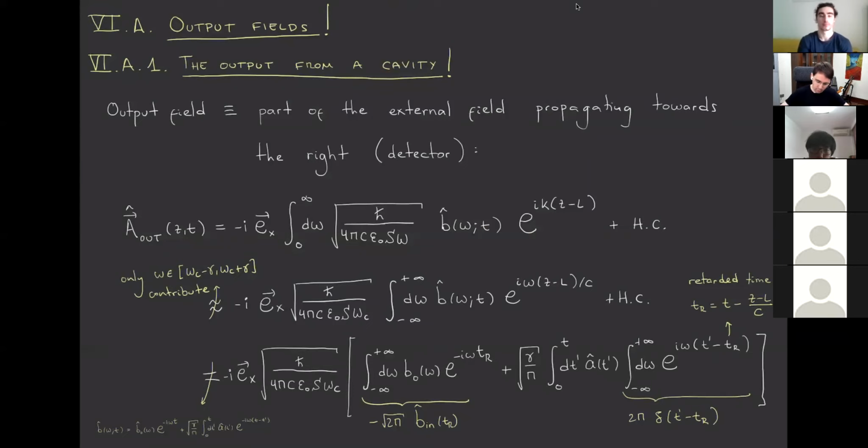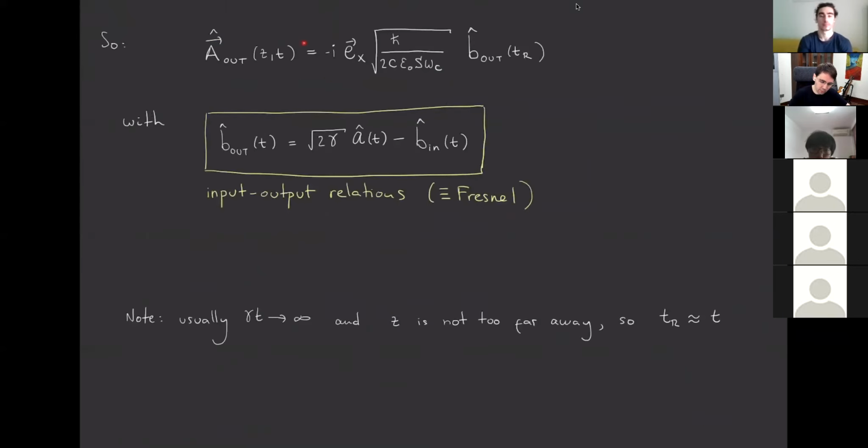We saw that this output field, at some position outside the cavity where the detector is, and at some time, we can write as a function of a single annihilation operator, b_out, the output operator, which is a superposition, or the interference, between the reflected input operator and the field that is inside the cavity and is going out through the partially transmitting mirror. This is what we call input-output relations.